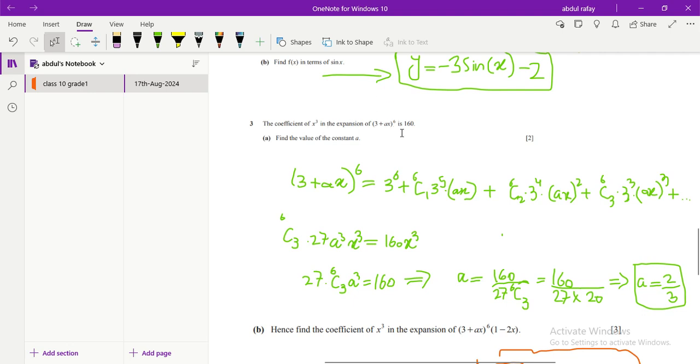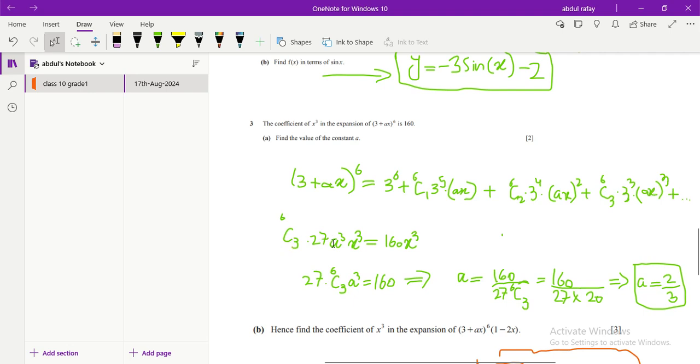So what we are doing is, we have solved this by the fourth term, because x to the power 3 is the fourth term. Then you will compare the coefficient. Here we have the fourth term, which is x to the power 3.